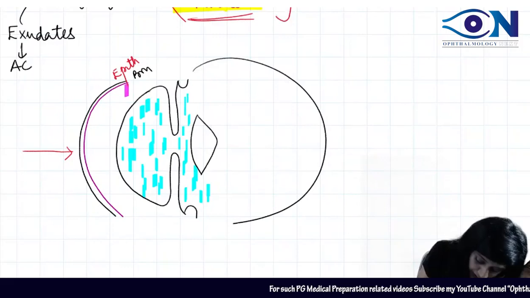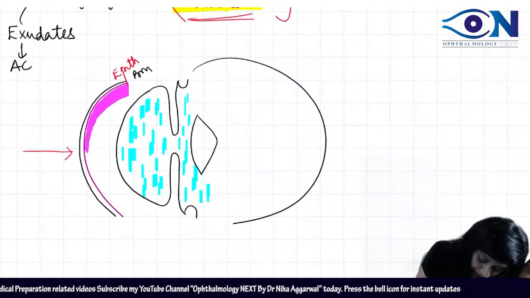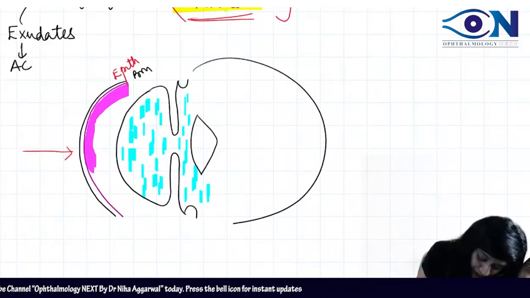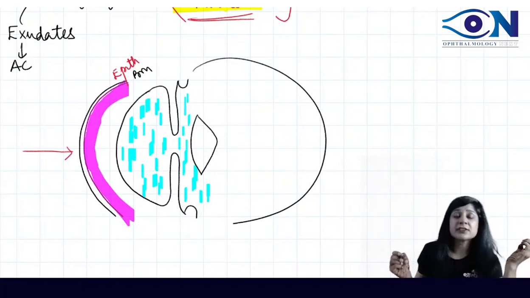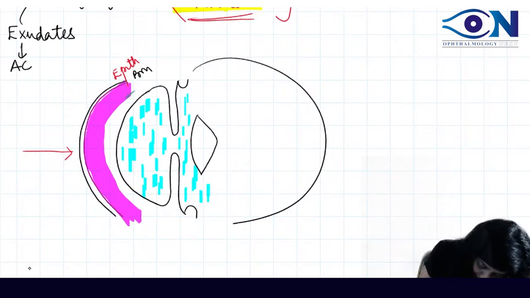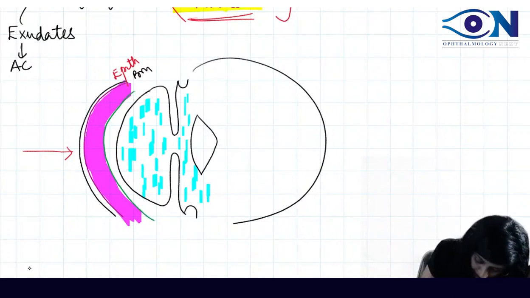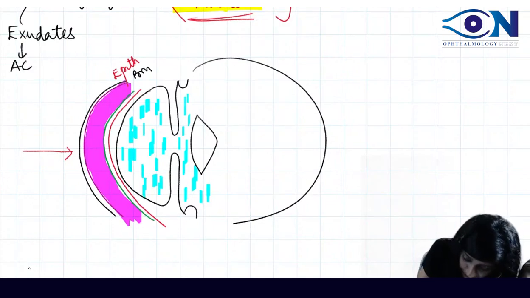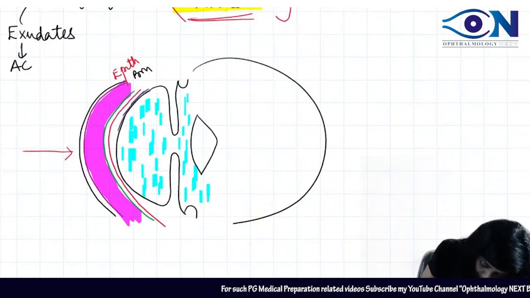Stroma is the thickest part, and I'm making it the same color as the Bowman's membrane, because Bowman's membrane is the condensation of the stroma only. Then we will have the pre-Descemet's layer, then the Descemet's membrane, and then the endothelium also.